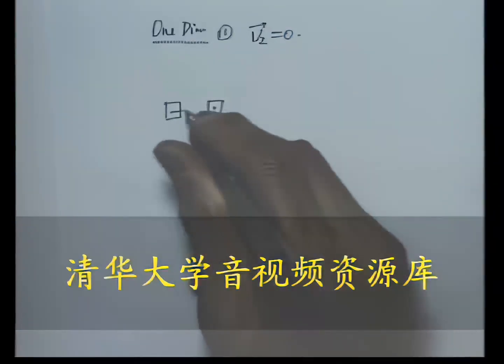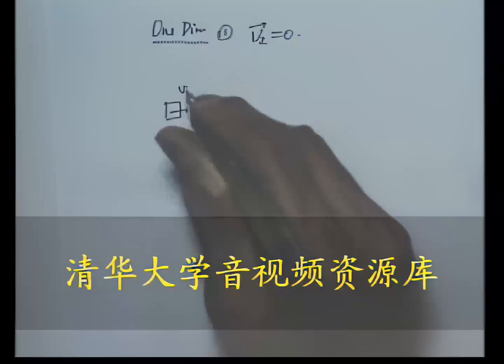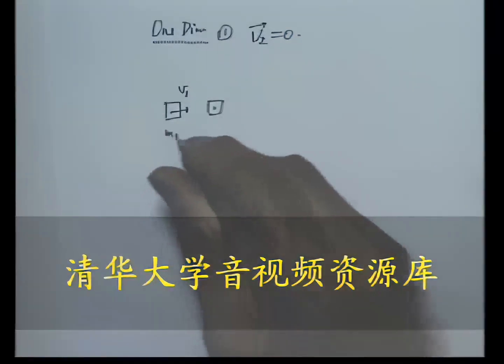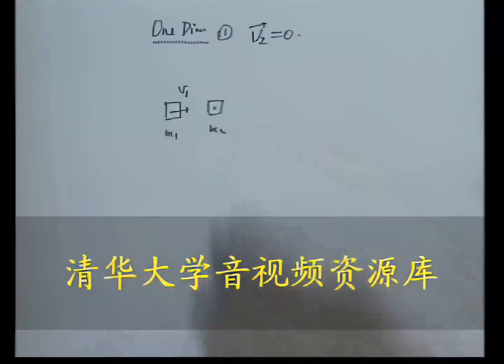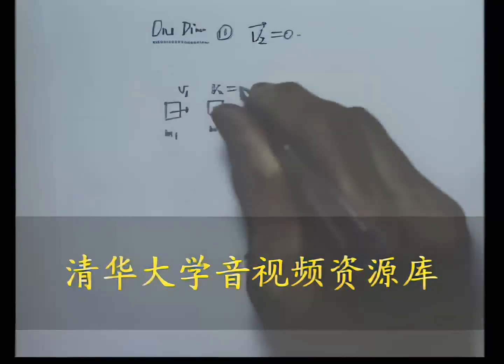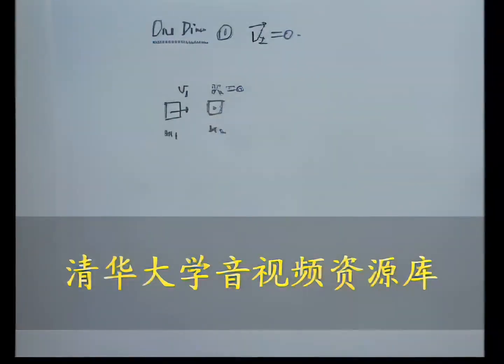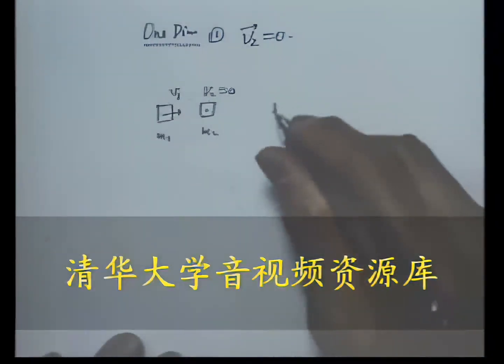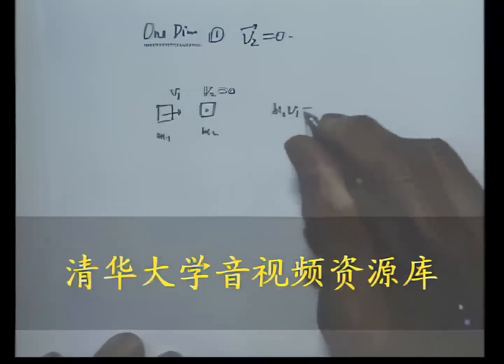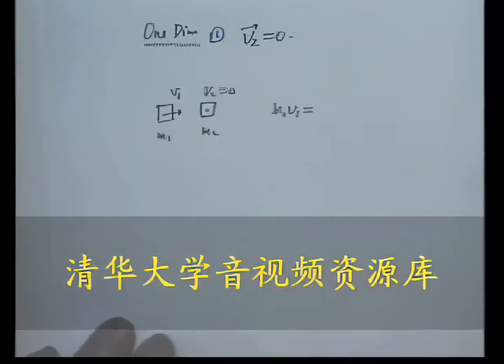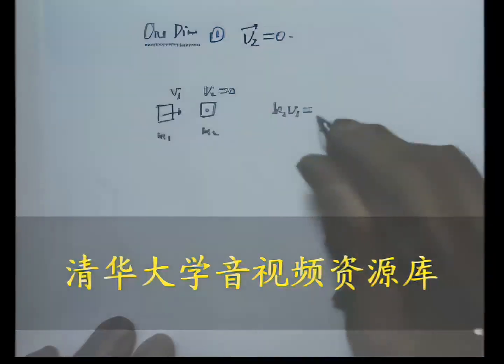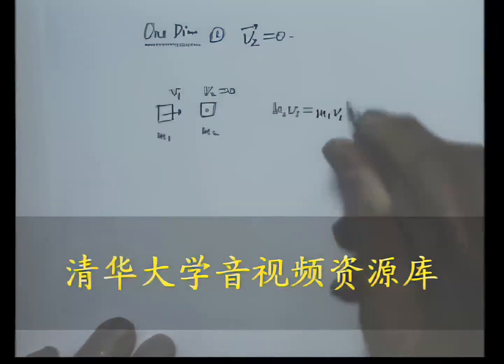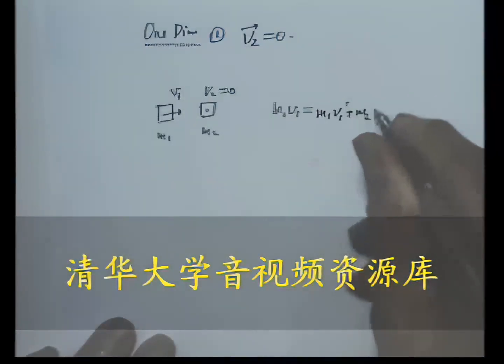This one is at rest, this one is moving. In that case, it's particularly simple. So we have M1 V1, that's the total momentum of the initial system, is equal to M1 V1 prime plus M2 V2 prime.